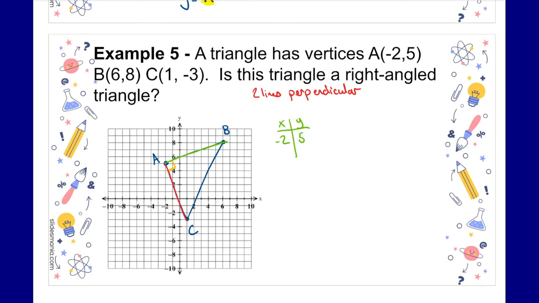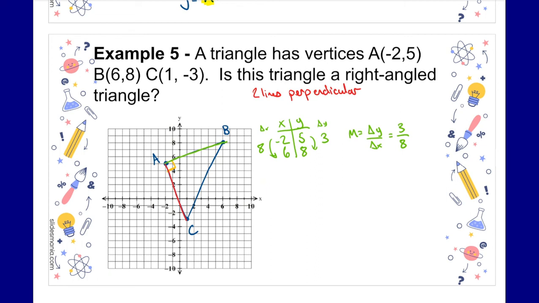So -2, 5 for the A point, 6 and 8 for the B point. Let's look for the change in y, change in x. From 5 to 8, this increases by 3. From -2 to 6, that's an increase of 8. So my slope, or m value, which is change in y over change in x, is equal to 3 over 8.